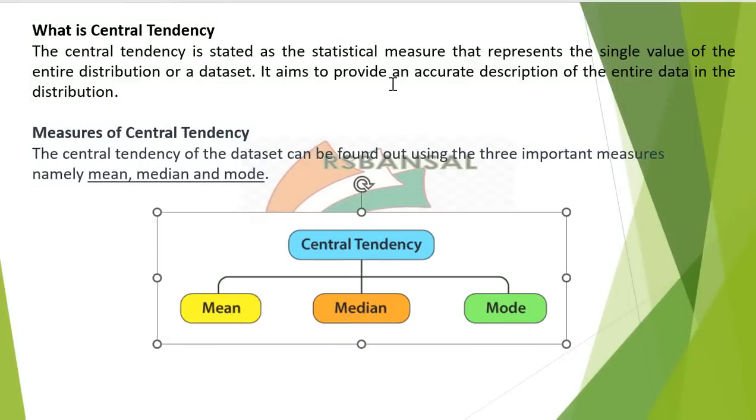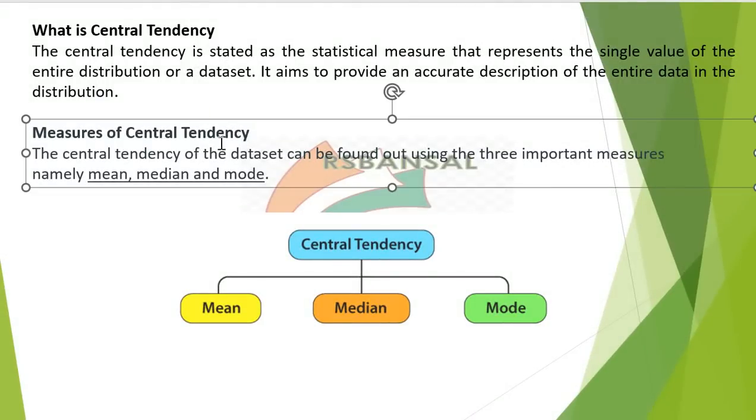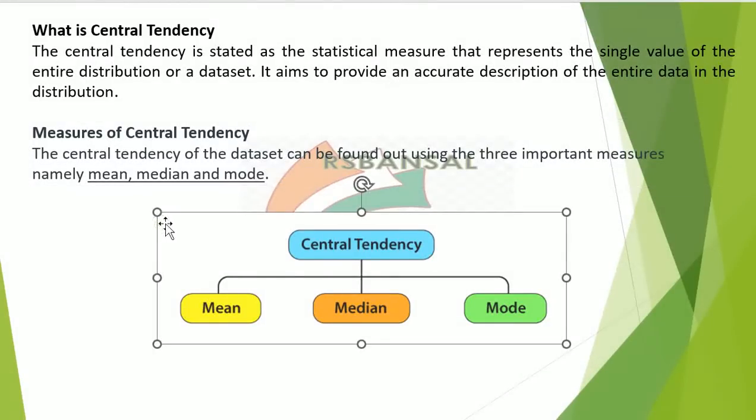It provides an accurate description of the entire data in the distribution. For central tendency, you have to find these three things: mean, median, and mode.